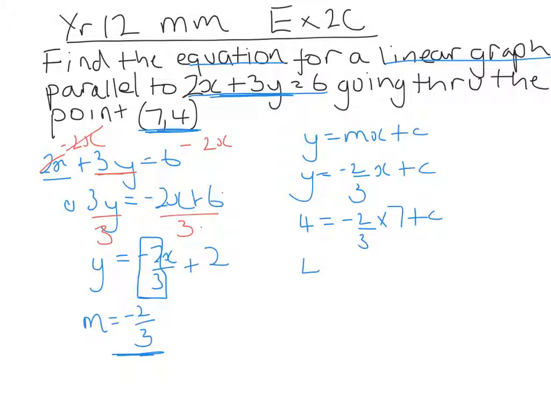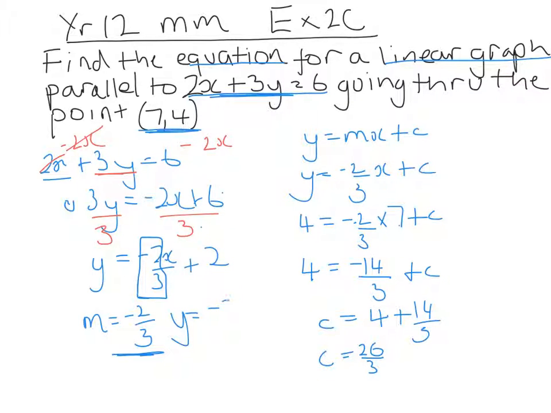Now let's see, that will be minus 14 over 3, because 2 times 7 is 14. And I'll get c on its own, and that'll be 4 plus 14 over 3. So c will be equal to 26 over 3. So the equation for the line that I'm looking for is minus 2/3 x, the gradient is there, plus c, which is 26 over 3.